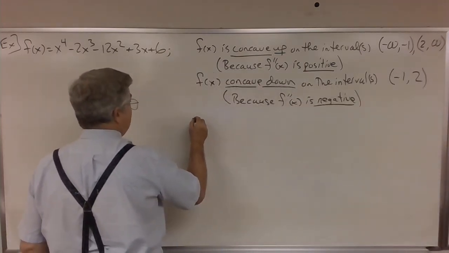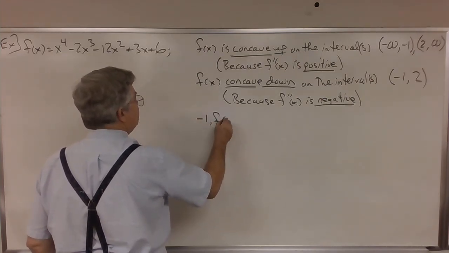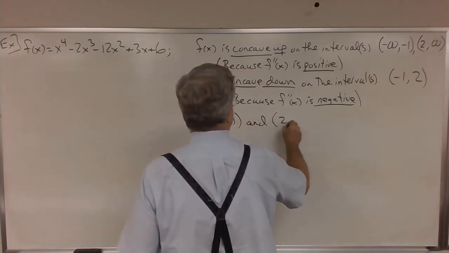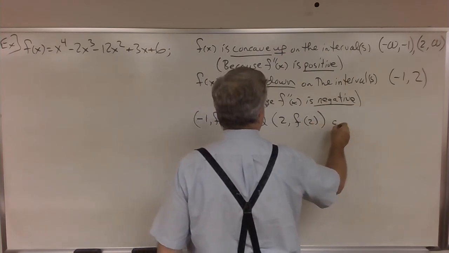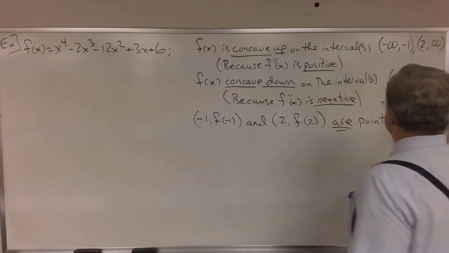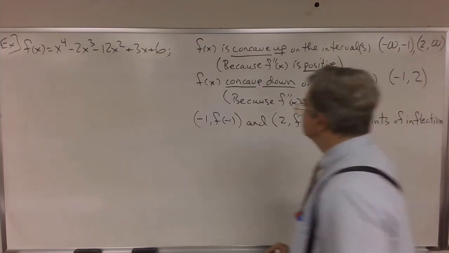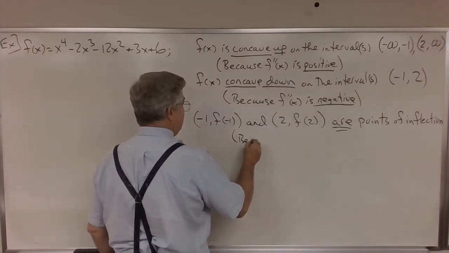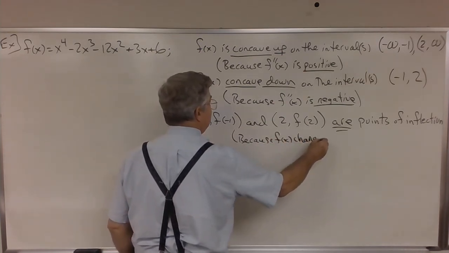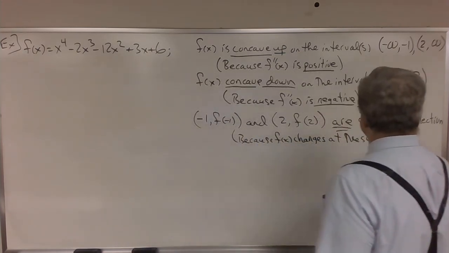So negative 1, f of negative 1, and 2, f of 2 are points of inflection, because f of x changes concavity at these points.